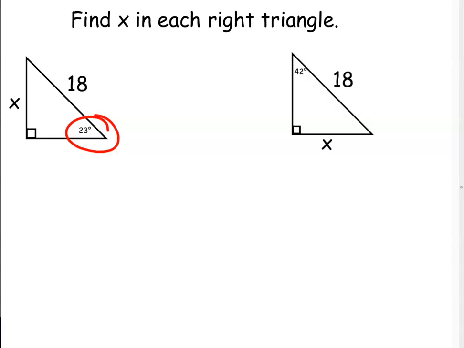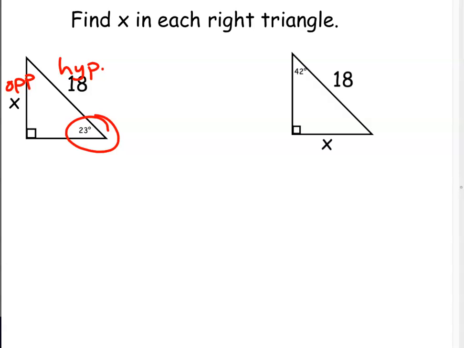It's opposite. Okay. How would we label the 18? I heard 2 things. What should it be? Hypotenuse. All right. It's the one opposite the right angle. And so which trig function uses an opposite and a hypotenuse? Sine.